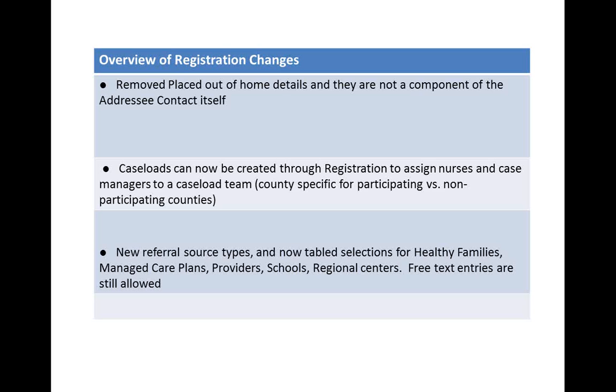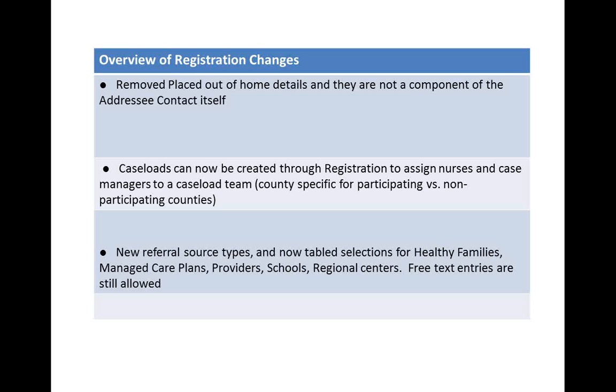Some other changes we made are related to the referral sources. We used to allow a lot of free text entries, and now we are incorporating some tableized selections for standardization. So if your referral sources are coming from places like Healthy Families Plans, Managed Care Plans, providers, schools, or regional centers, we have all those tableized in CMSNet, and you're allowed to search for those by the name, or if you have the NPI for the providers, or the plan code or number.